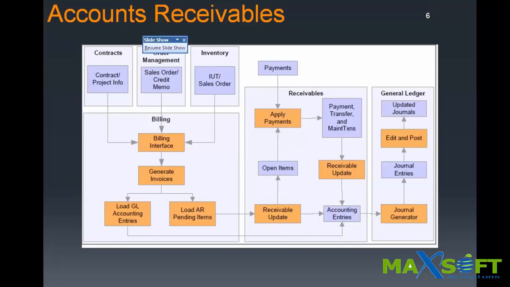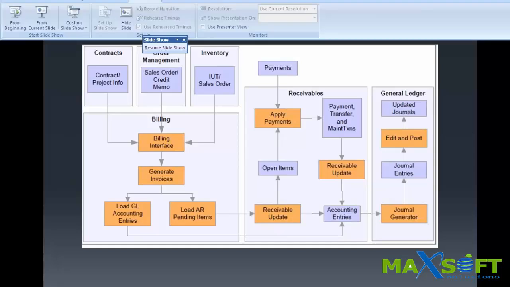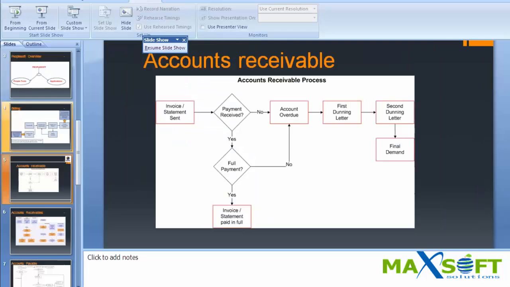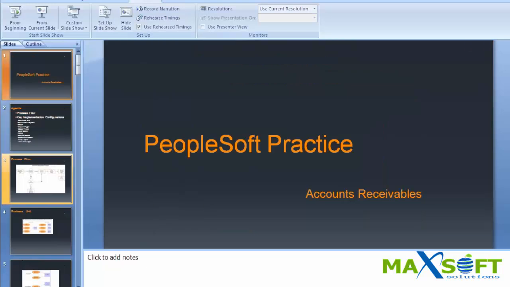Here we are seeing the payment transfer worksheet. The payment worksheet is one of the payment methods in accounts receivable, and as well there is the payment predictor method to handle the payments.